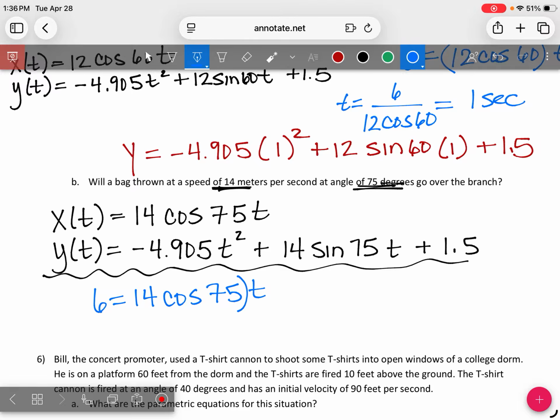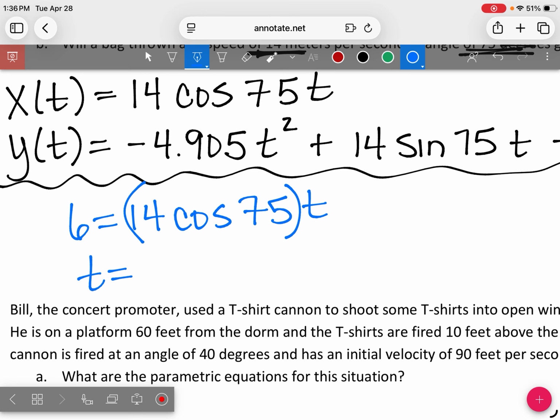And again, this is one number. So t is whatever you get when you divide 6 by 14 cosine 75. Type that in to see what you get for t.